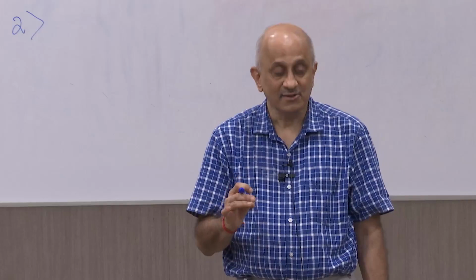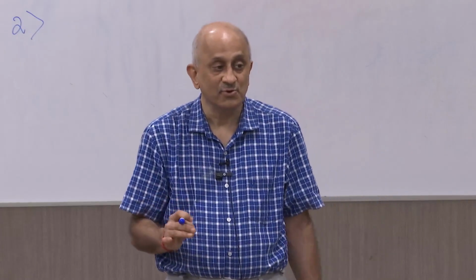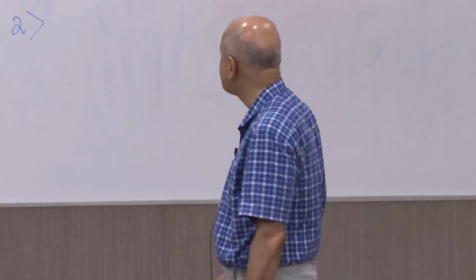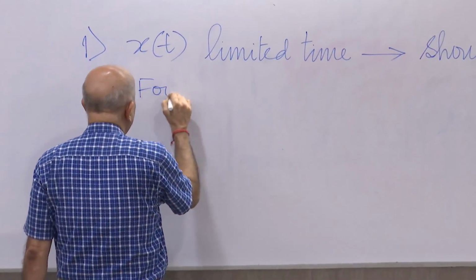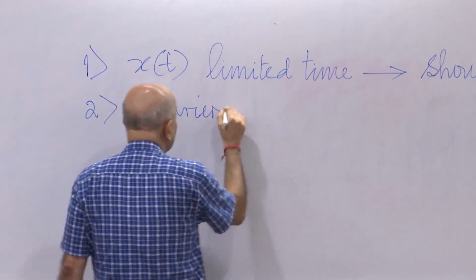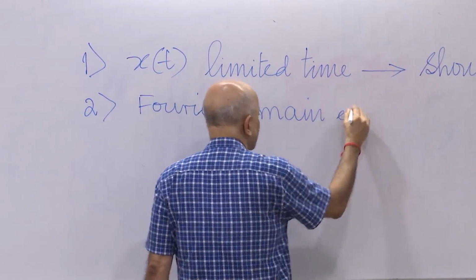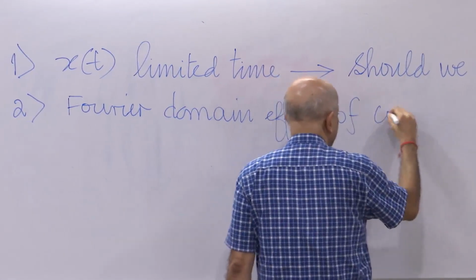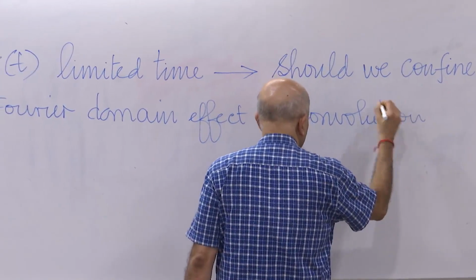But even so, you're not guaranteed. And therefore, you need to look at them a little bit askance, a little bit carefully. Anyway, so let's say, the Fourier domain equivalent effect of convolution.